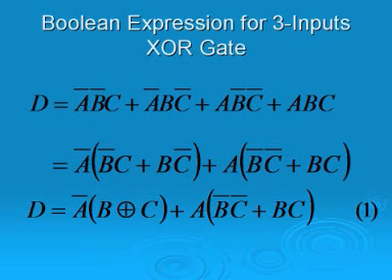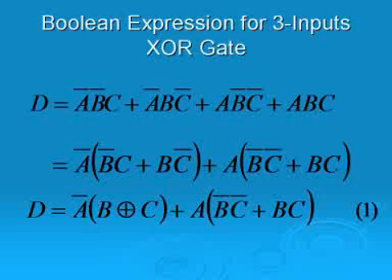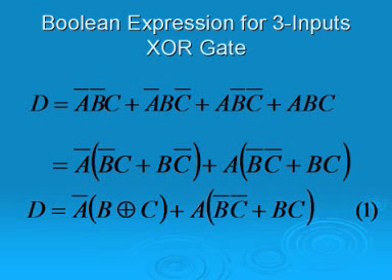A B C. Taking A bar common from the first and the second term, we can write D is equal to A bar (B bar C plus B C bar) plus, taking A common from the third and fourth term, we can write A (B bar C bar plus B C).